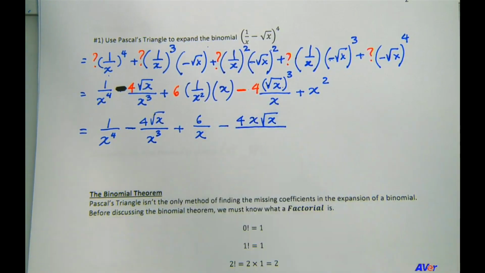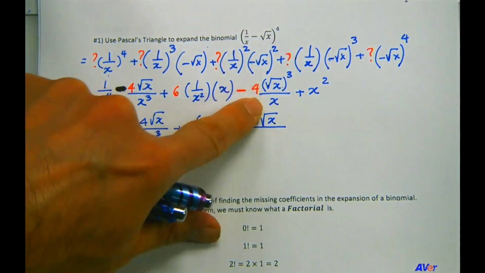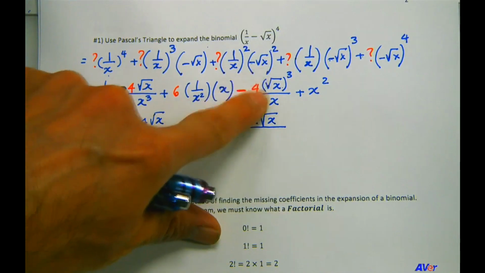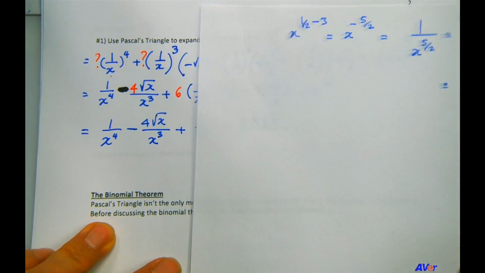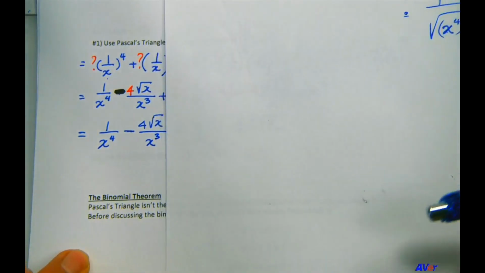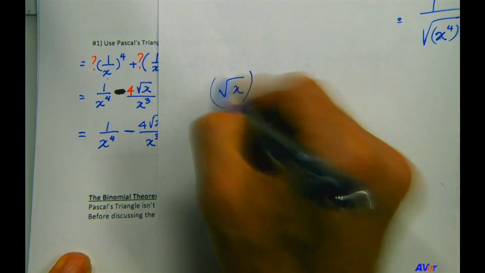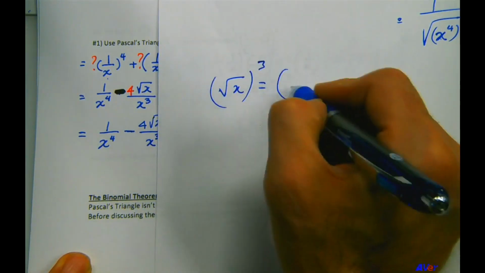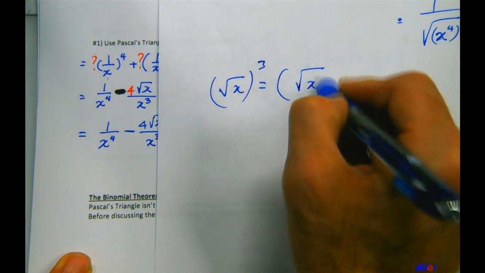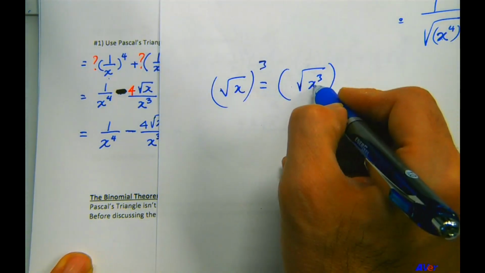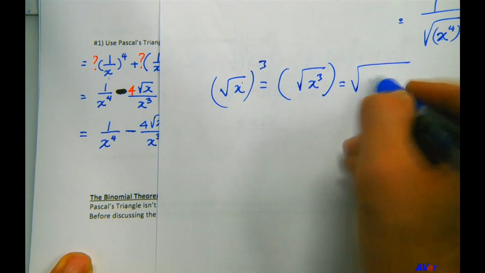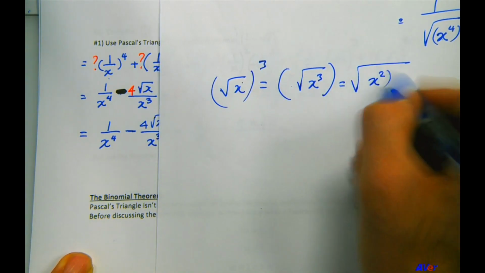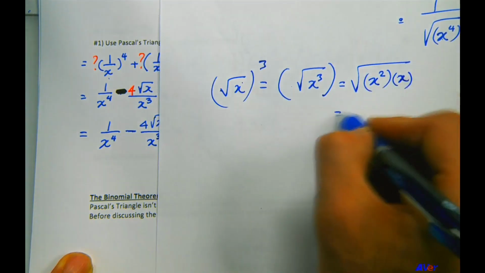Okay, so how did I do it? If you have questions on that, let me explain it here. So square root of x cubed is equal to square root of x cubed, like that. So this power can come inside, and that is equal to x squared times x, right?